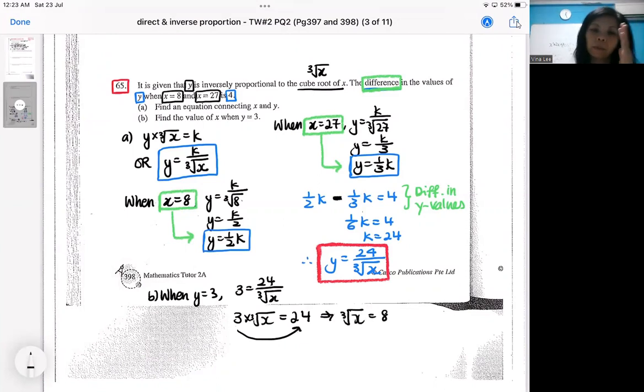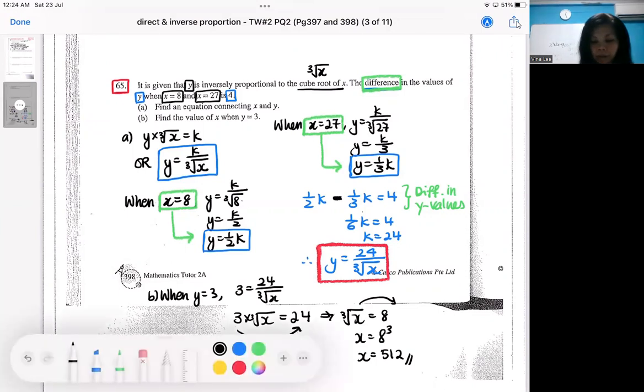So some of you may be affected by the cube root. So you throw the cube root, it will become a cube. So the opposite of cube root is cube, the opposite of square root is square.